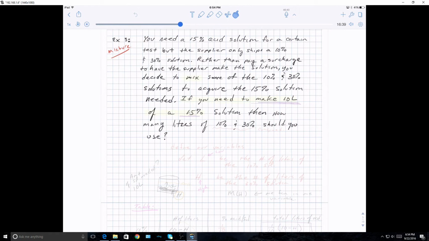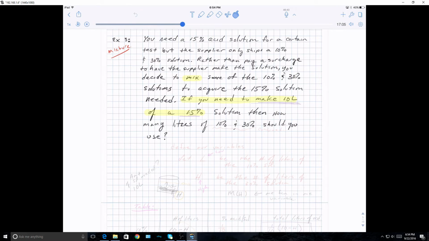So, if we tackle all of this, one of the big things is obviously a keyword, mix, for mixture. The other thing that's really important here is actually the very last sentence. The last question really does put together everything that we're going to need. We're going to need to make 10 liters of a 15% solution.